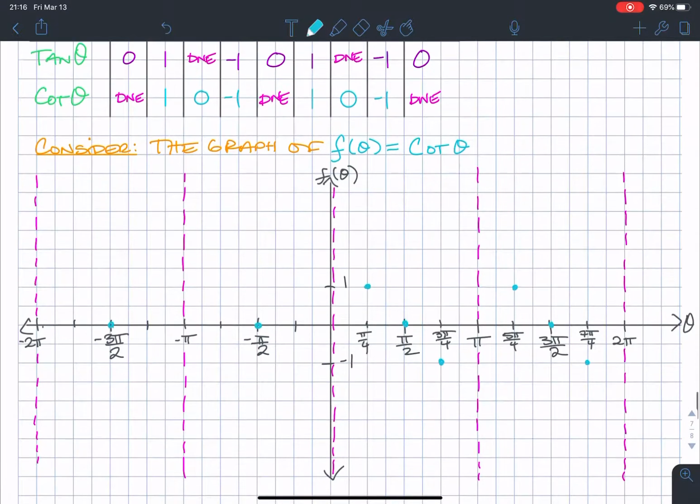And then it looks like this has a period of pi, right? So this is the graph of cotangent of theta, and it repeats every 2 quadrants, which is a period of pi for standard quadrants.